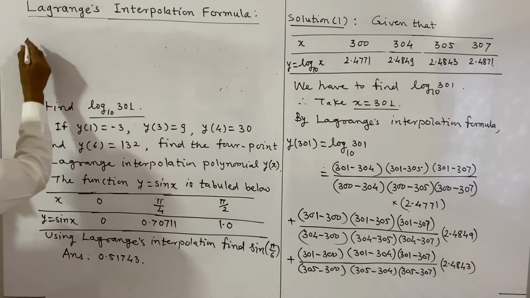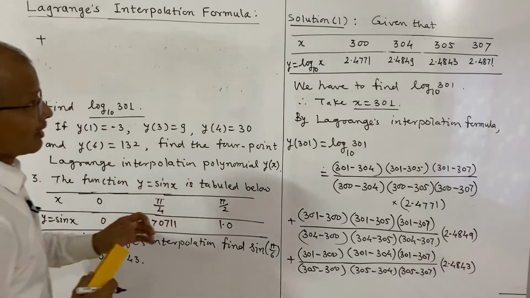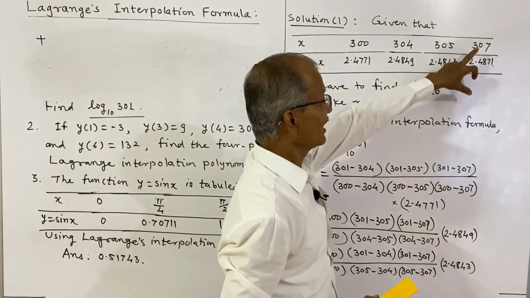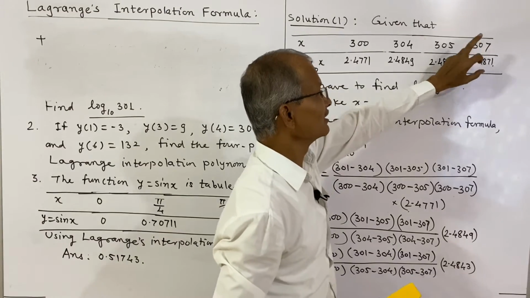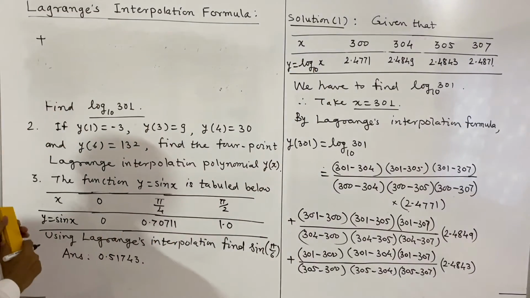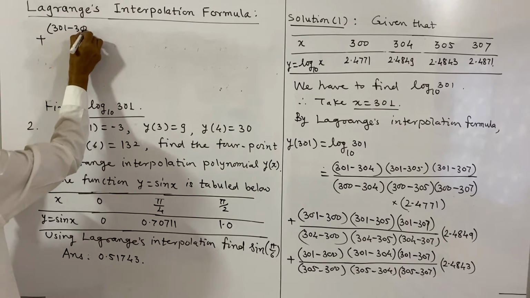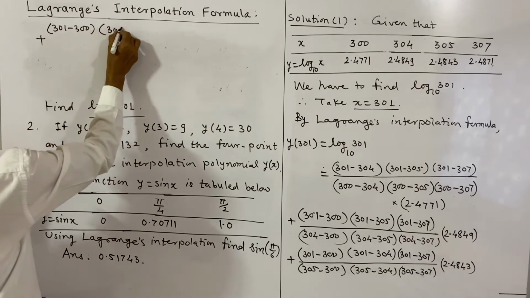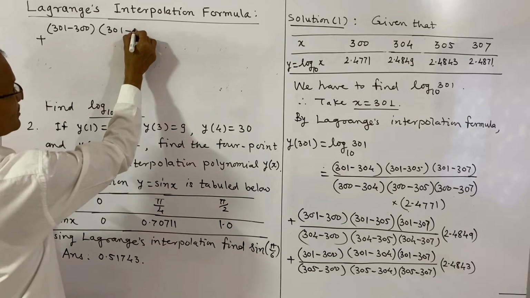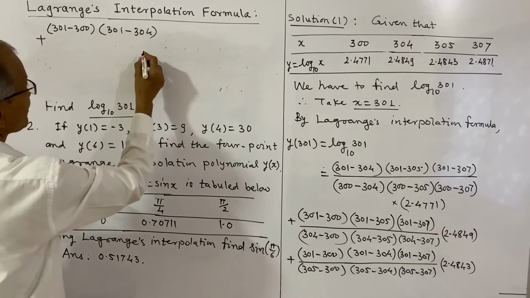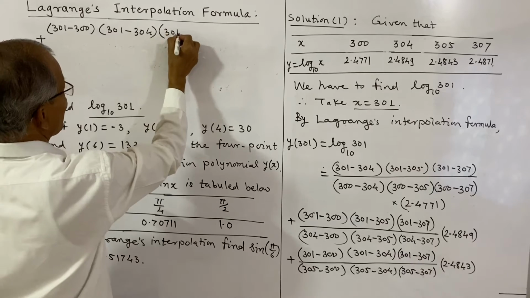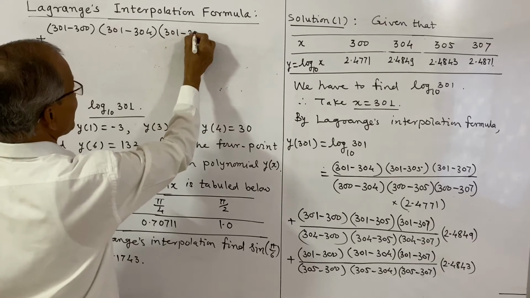Plus the next value. Now we have to write the last term, and in that the numerator will not contain this value. So x minus x0 means 301 minus 300, x minus x1 means 301 minus 304, and 301 minus 305.